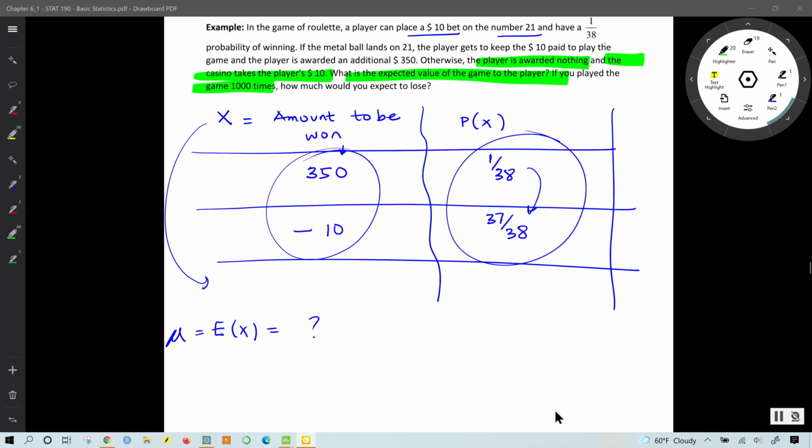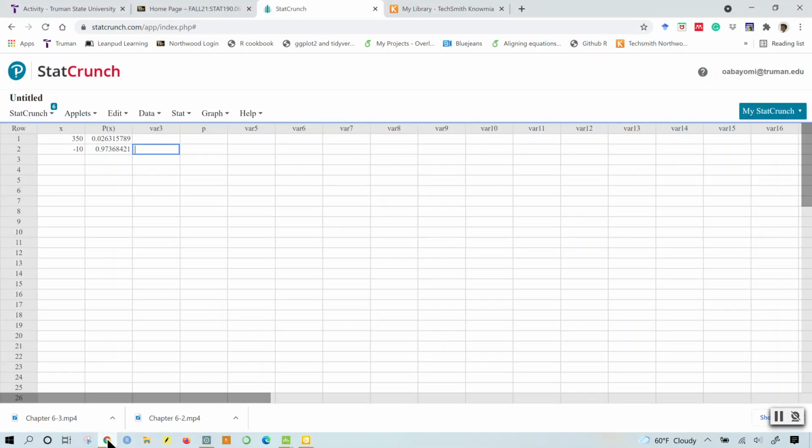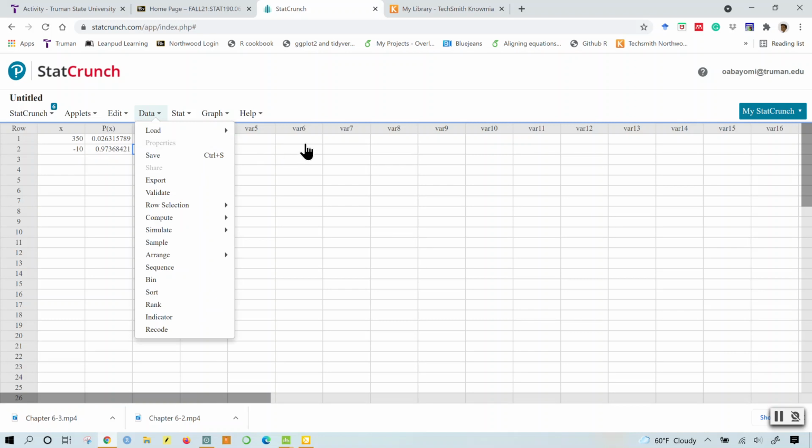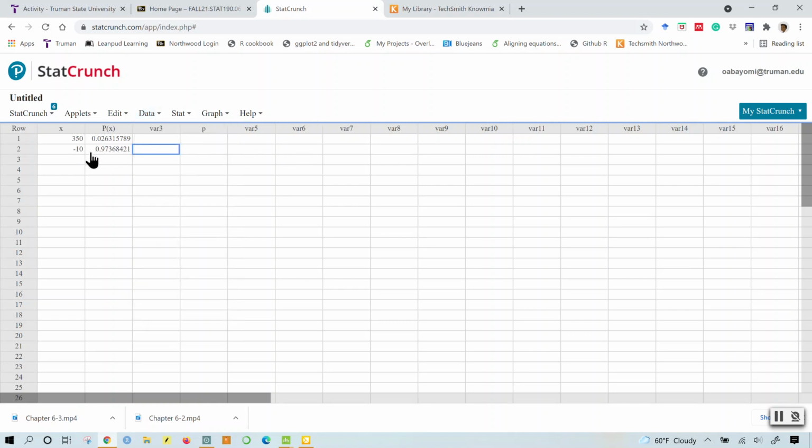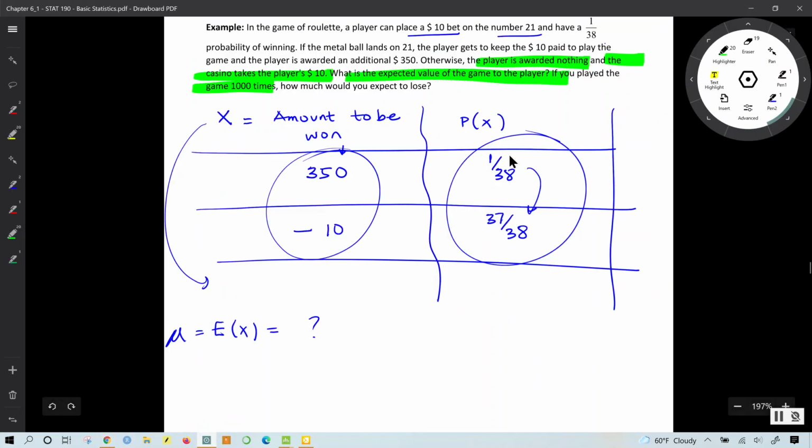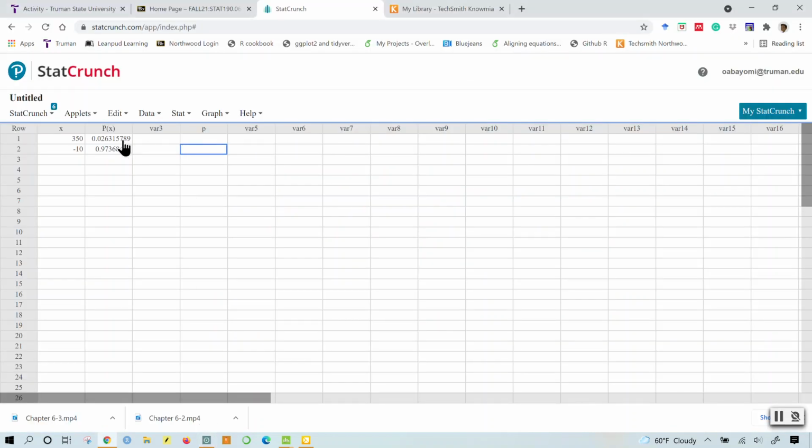So, let's go over to StatCrunch. Here in StatCrunch, I have all the data values already keyed in. Take note, 350 and then -10. I have that here. 1 divided by 38 on my calculator is equal to this first value, and 37 divided by 38 will give this value.